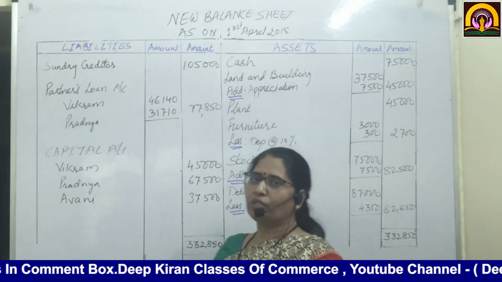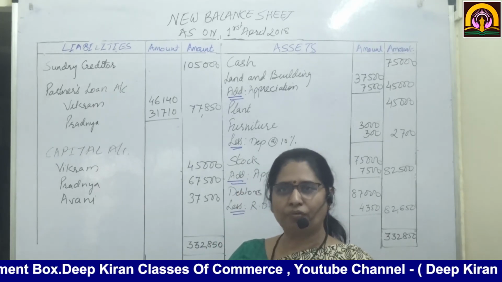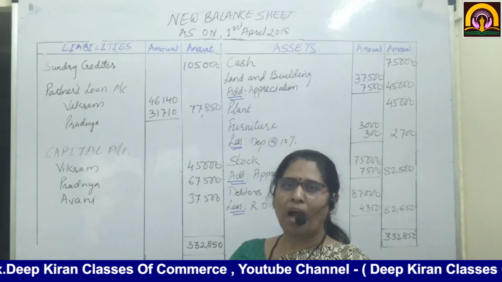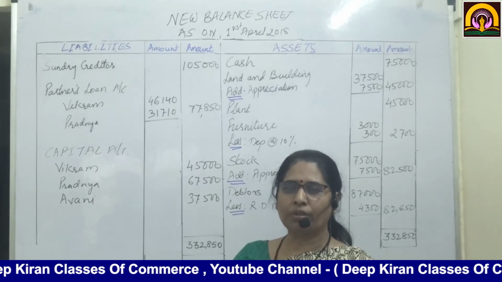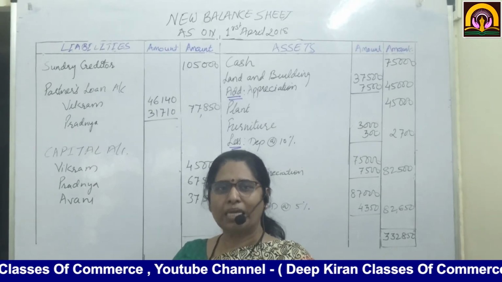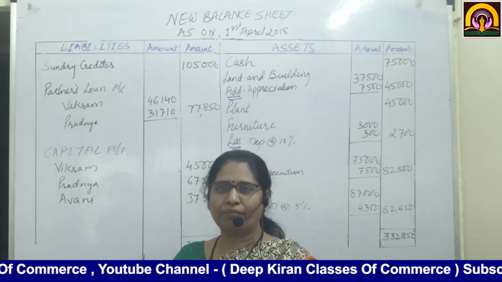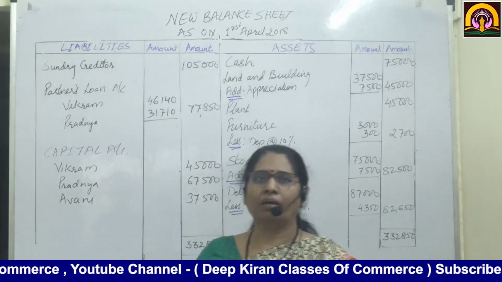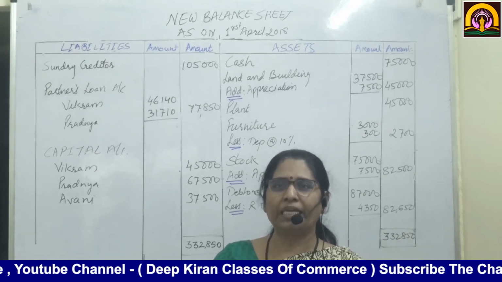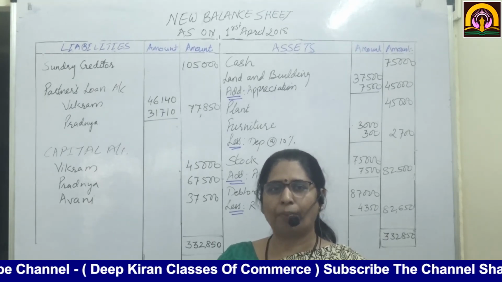Okay, so the total is 77,850. And then lastly we will write the new balances on the capital accounts. See, the capital accounts, Vikram's is 45,000, Pradnya's is 67,500 and Avni's is 37,500. We have completed the liability side: sundry creditors, partners loan and the capital accounts.